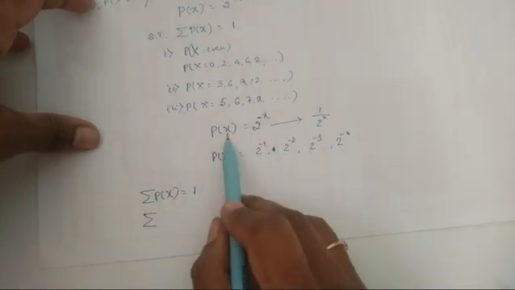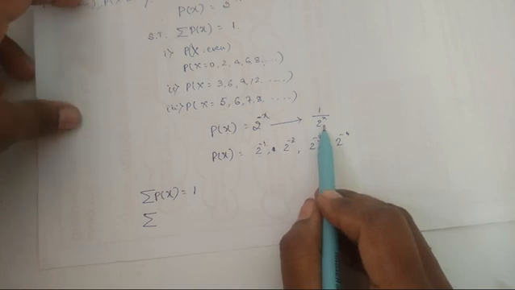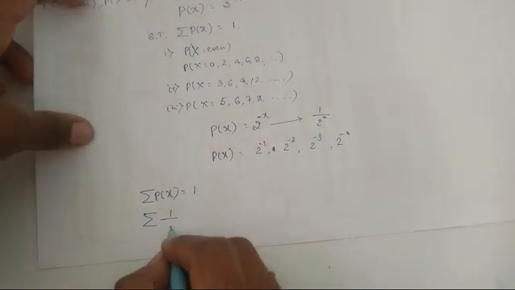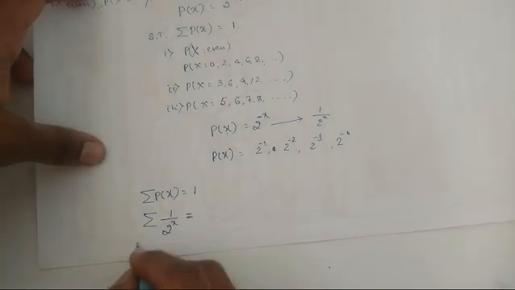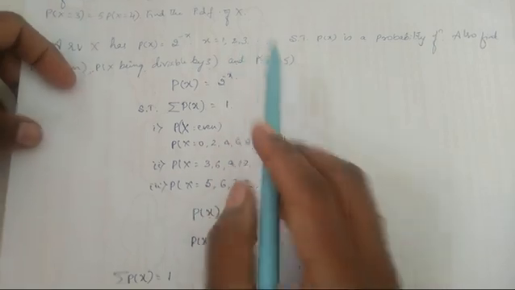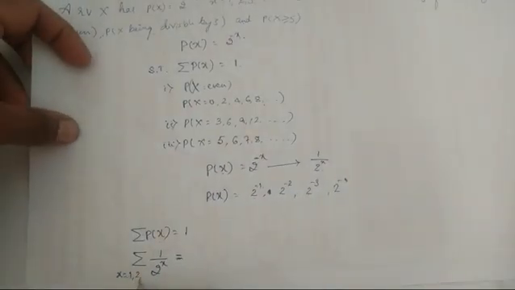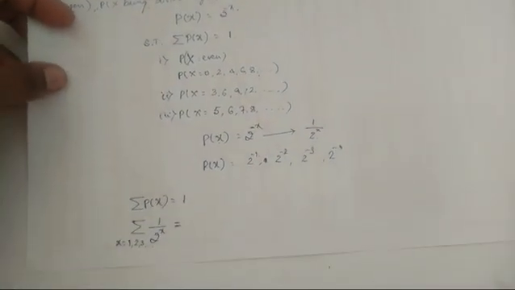Summation of the function they have given, which is 1 by 2 power x, where x takes the values 1, 2, 3, and so on.